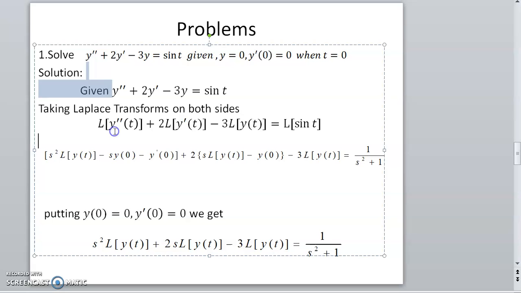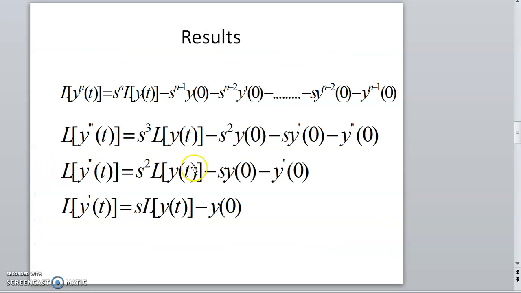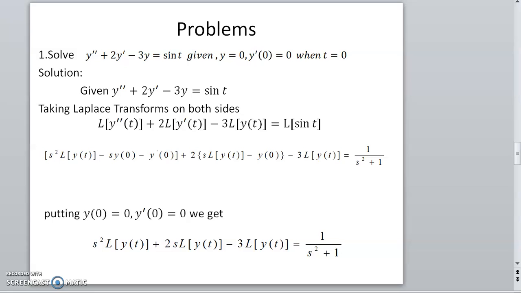Already I explained in the previous slides, we saw the formula for L of y double dash of t. To apply this formula, L of y double dash of t equal to s squared L of y of t minus s into y of 0 minus y dash of 0. And also to apply the formula L of y dash of t, s into L of y of t minus y of 0, minus 3 L of y of t equal to, already we know the formula for L of sin at, here a equal to 1, we get 1 divided by s squared plus 1.